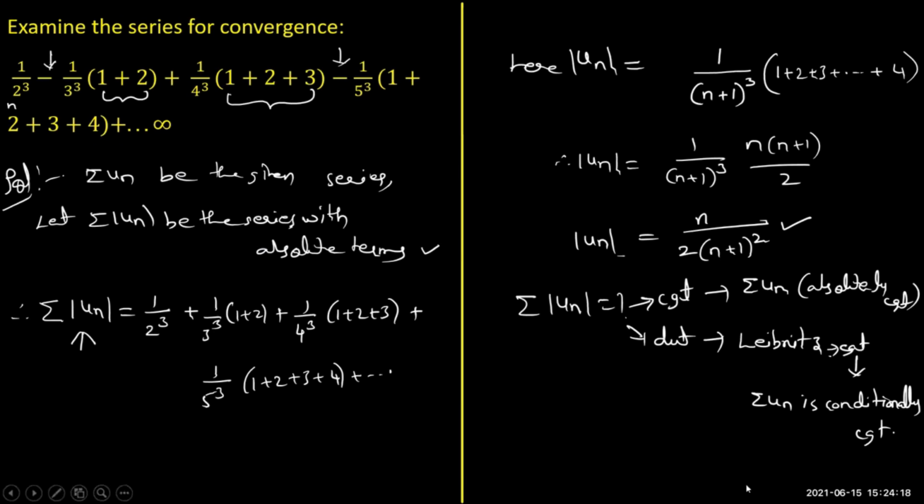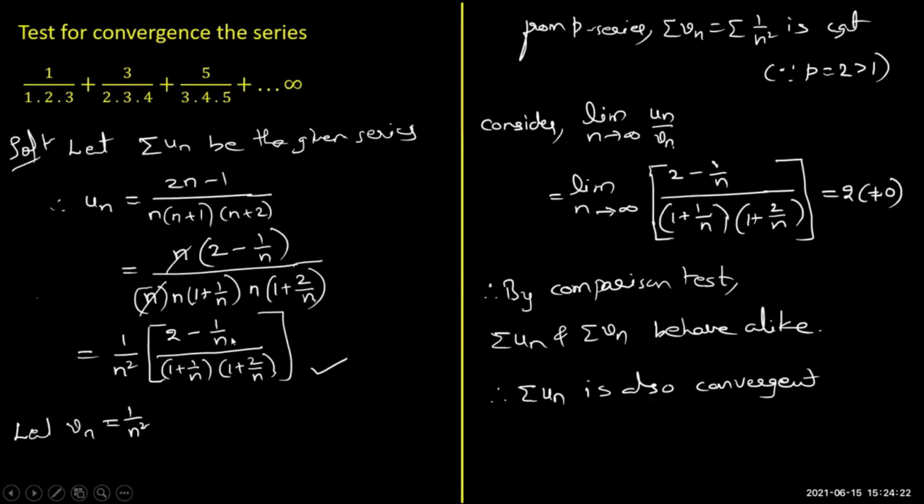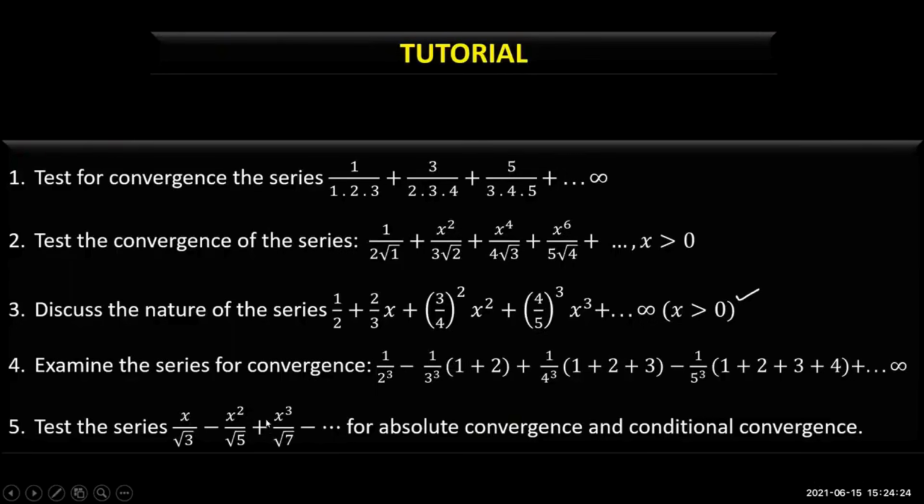And here is one more question, which is also an alternating series. I'm just giving you an idea. Look at all these denominators. They are like 3, 5, 7. So looking at them, you can identify that when n is equal to 1, we are expecting a 3 here. So it is 2n plus 1. When you take n equal to 1, 2n plus 1 gives you 3. When you take n equal to 2, we'll get 2n plus 1 as 5.